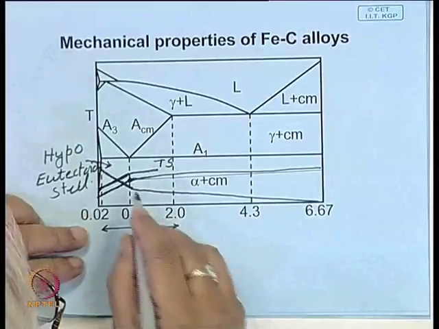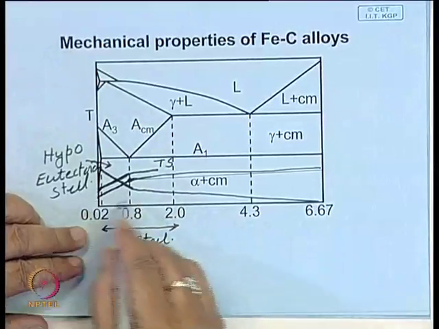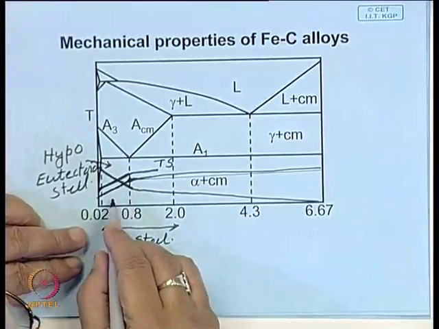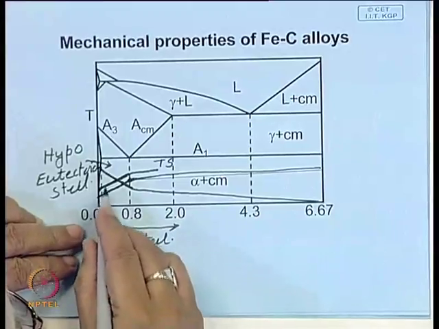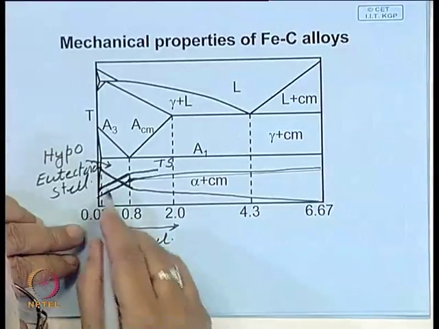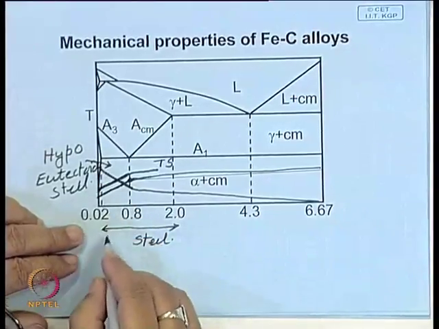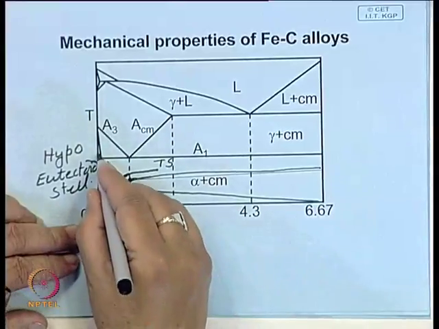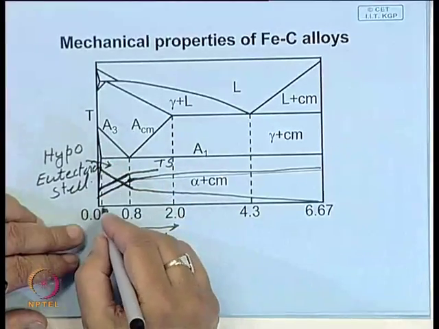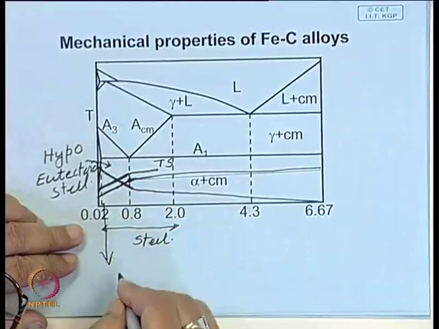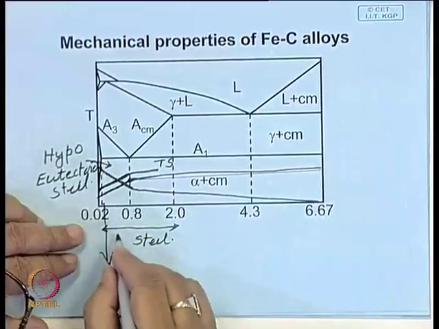So, carbon is the alloying element which controls the properties of steel to a great extent. The bulk of steel for most applications like car bodies are very low carbon steel, almost close to this end, which will be mostly ferrite with a little pearlite.